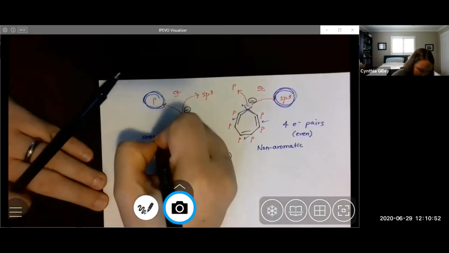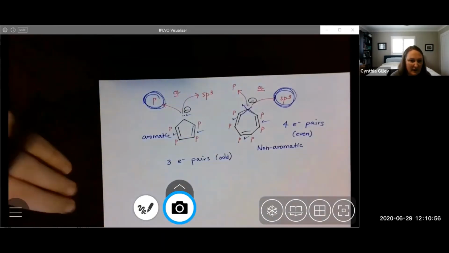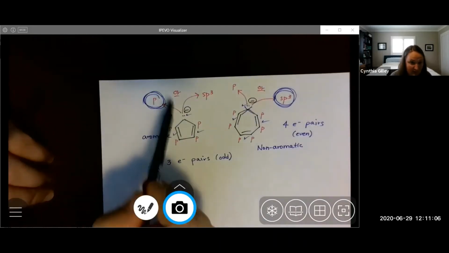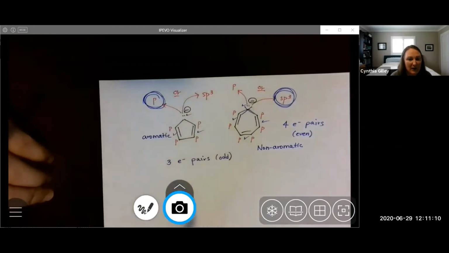So basically, when you have a lone pair, you can think of it as maybe it goes into a p orbital, maybe it goes into a hybridized orbital. It will only go into a p orbital if it would make the right number of electrons for it to be aromatic, an odd number of electron pairs.